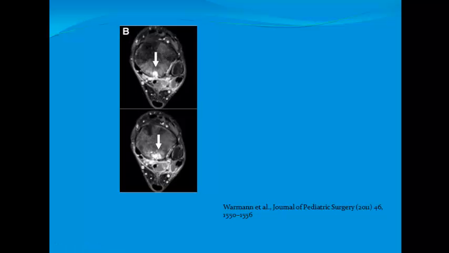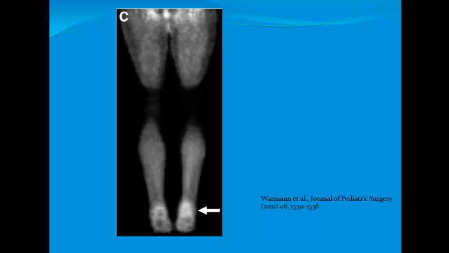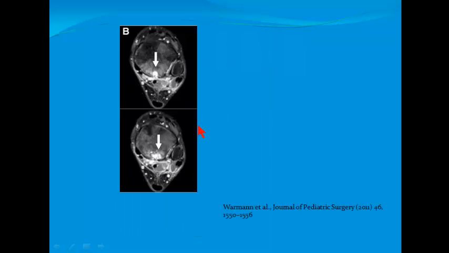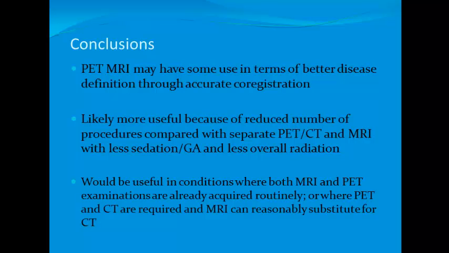And then following antibiotic therapy, there was again this area of abnormality, contrast enhancement on the MR, and they wanted to determine whether or not it truly represented osteomyelitis, and the patient did undergo a PET scan with some increased activity in the left distal tibia, and then we see here on the PET-CT that there was increased activity corresponding with the same area of abnormality on the MR. Presumably had this patient undergone PET-MR, they would have been saved an extra exam, and it would have correlated well with the MR pathology immediately. But anyways, going on to conclusions as to the utility of PET-MR in pediatrics.